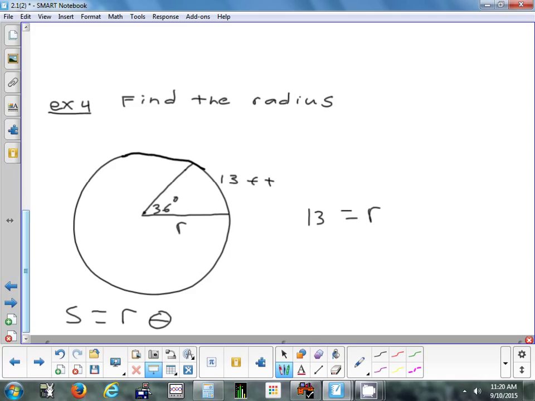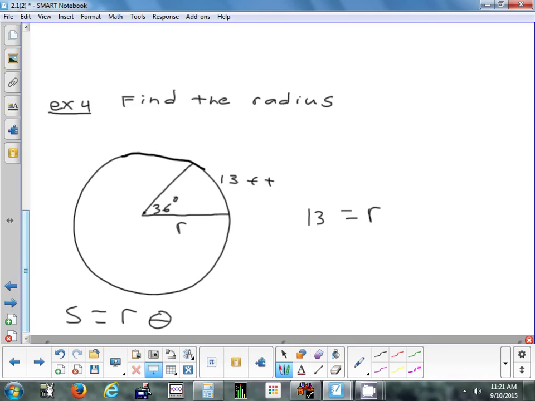Allison, what about my angle? 36 degrees. So where do I fill that in? Be careful, I don't want you to fill that one in. Because, you want to help her out, why can't we just fill in the 36? It needs to be in radians.